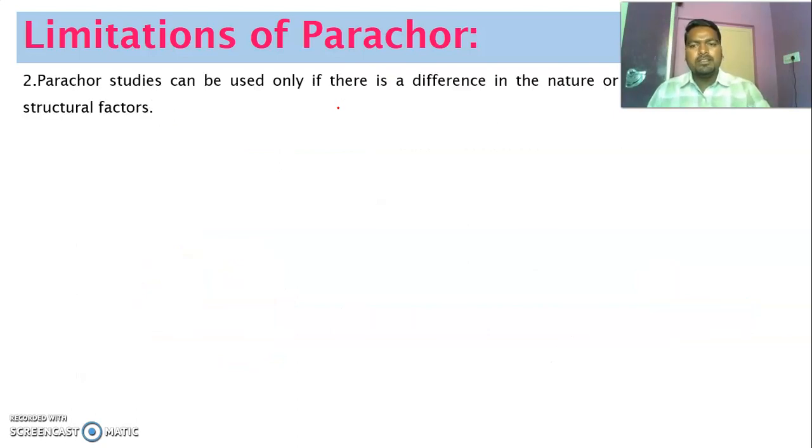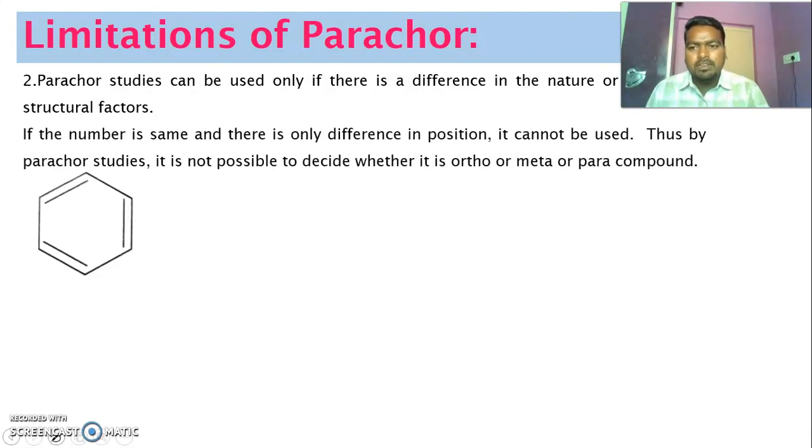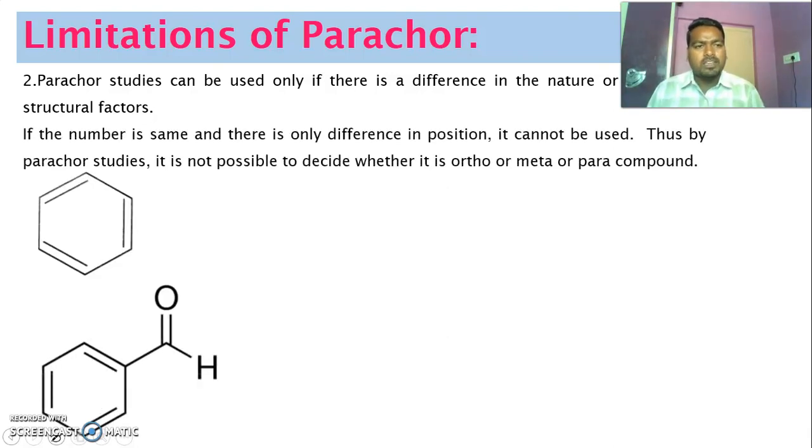The second one is, this Parachor study shows that by using the Parachor we can differentiate only compounds which differ in number of structural factors. For example, let us take benzene and aldehyde. Here the only difference is that one extra group is present. So we can distinguish benzene and aldehyde by using this Parachor.